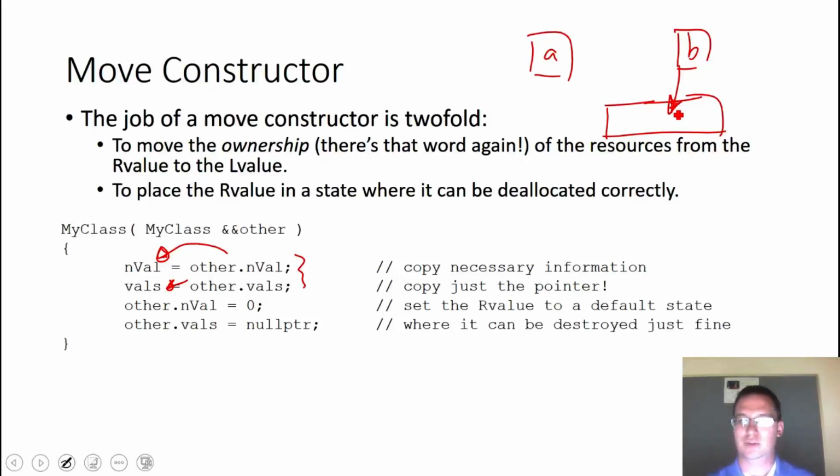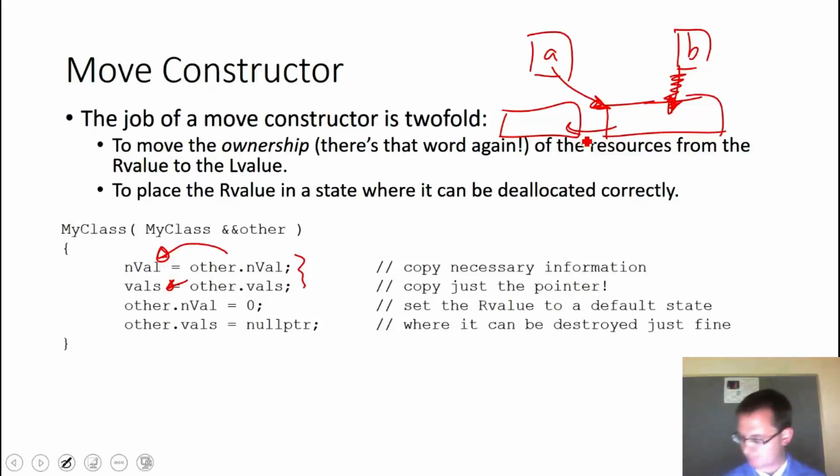And then we're going to say, all right, A, tell you what, you point over there, and we're going to delete your pointer. That way, once B dies, it doesn't worry about anything. But we didn't actually have to make a second copy again and copy all the resources, and that saves time and money, probably, since time is money.